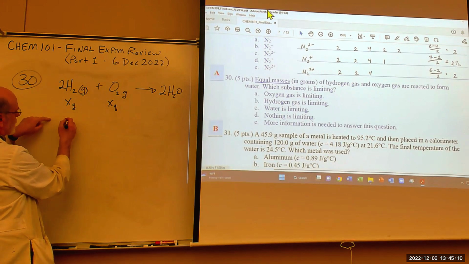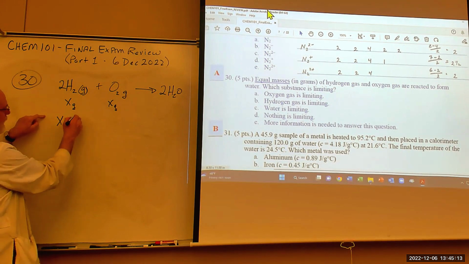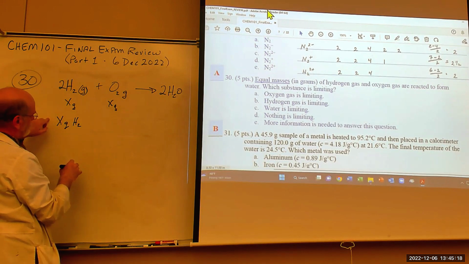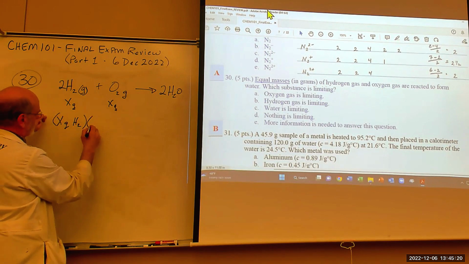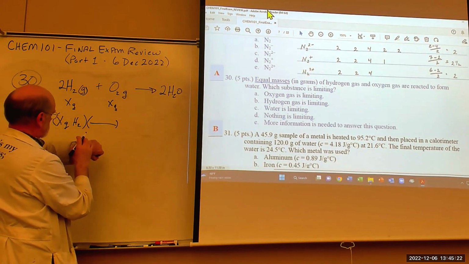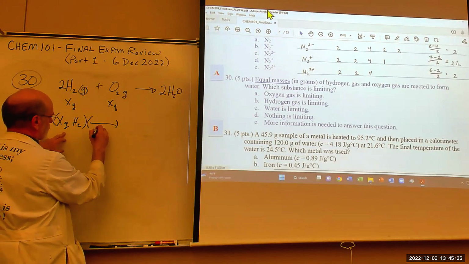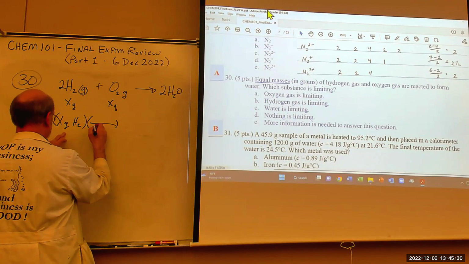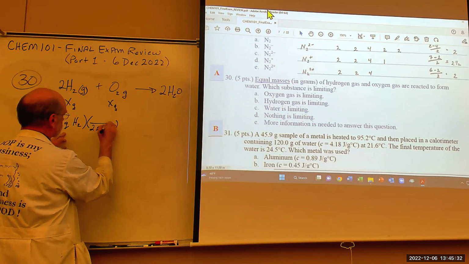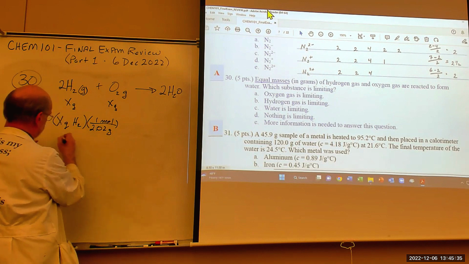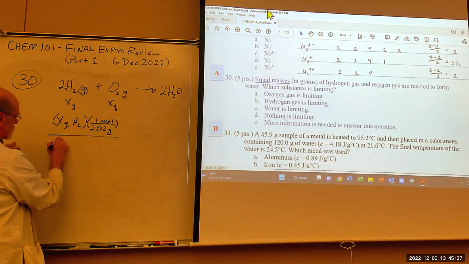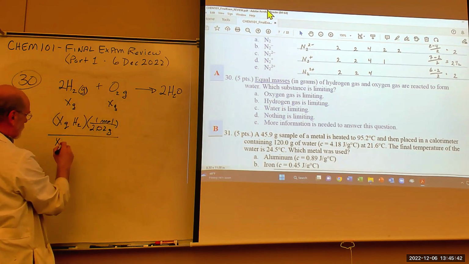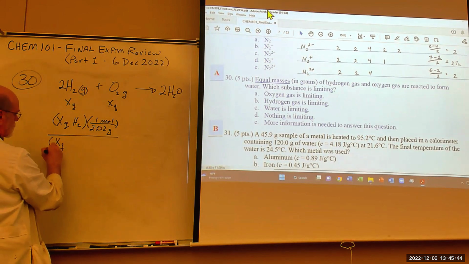So what would it be if we have X grams of hydrogen, and we have hydrogen, 2.02 grams per mole. And then we have oxygen. We're going to have the ratio of this one to that one, to find out if it's stoichiometric.